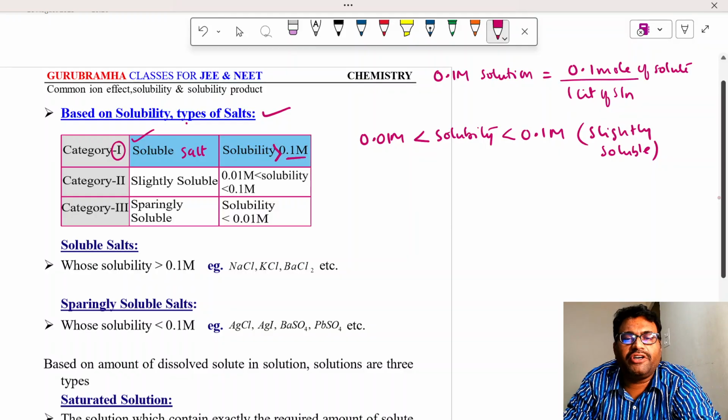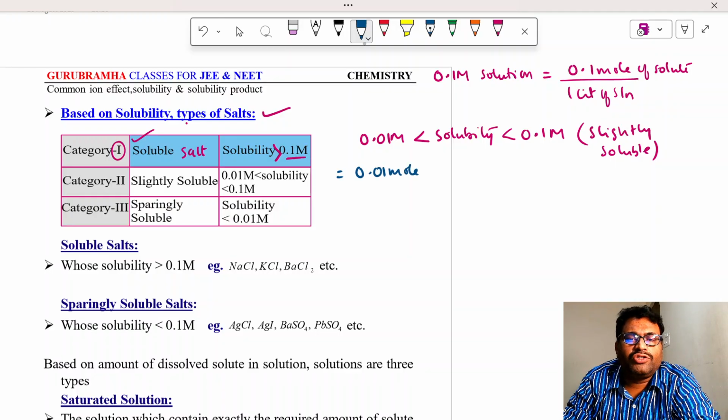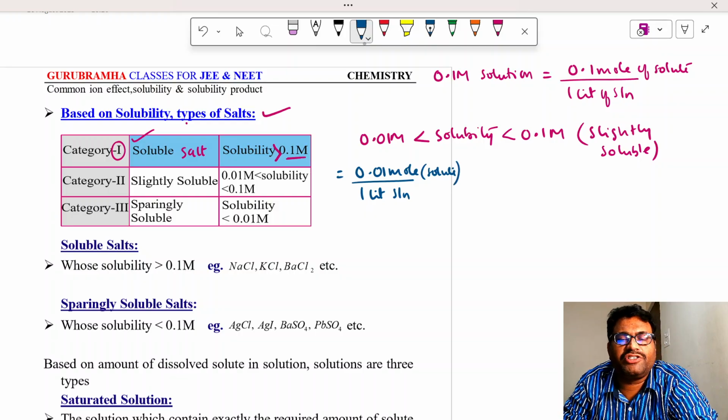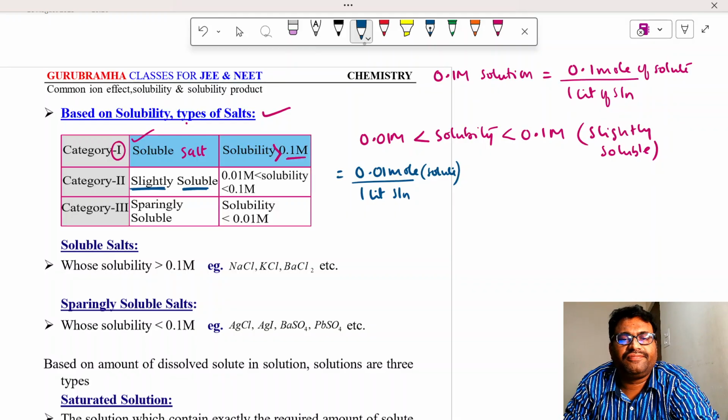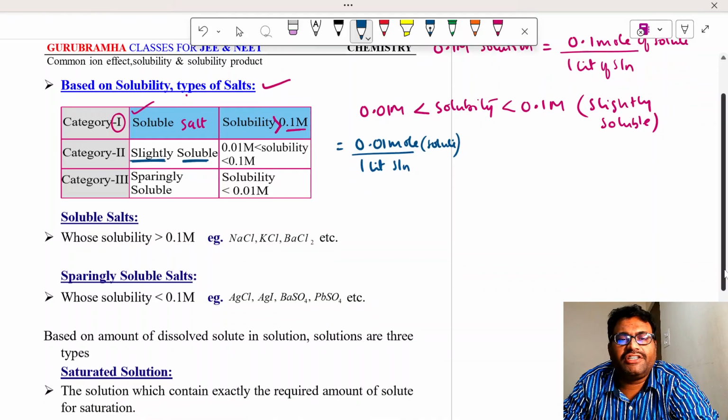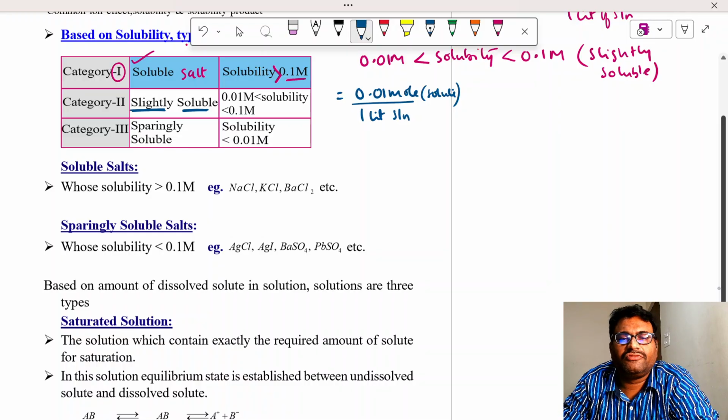What is 0.01 molar? Here 0.01 mole of solute is present in 1 liter of solution. Already we have discussed what is meant by 0.1 molar. Such salts are called slightly soluble salts.